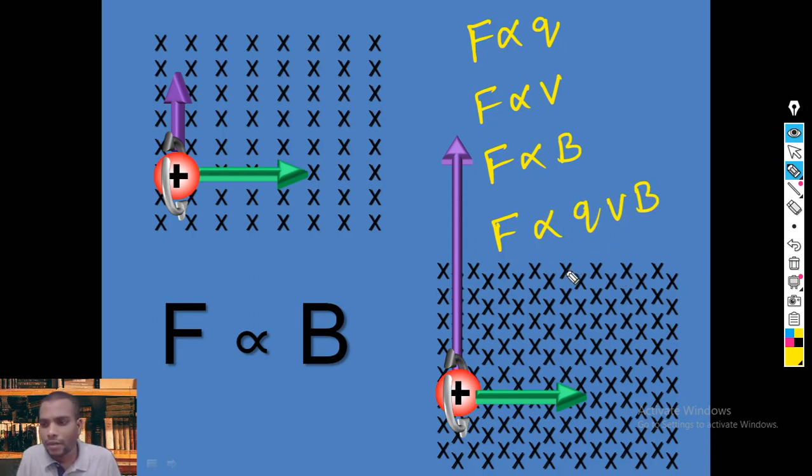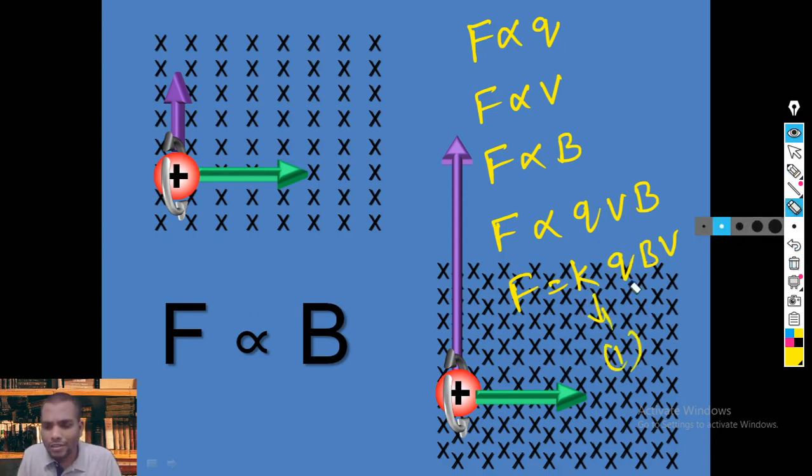Now we can replace the proportionality symbol with a constant: F equals K times QVB, and we take the K value equal to 1.